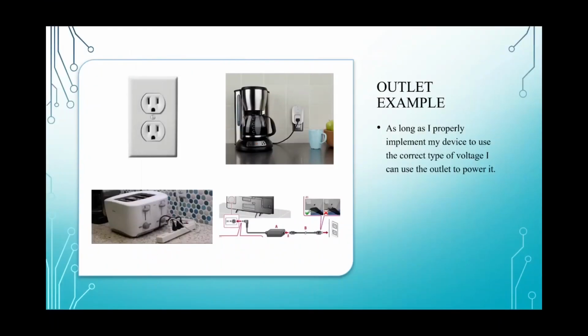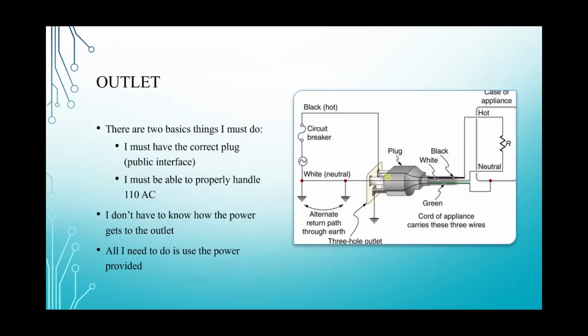Going back to another example that would explain interfaces very well, before we go back to the Comparable example, is the outlet example. As long as I properly implement any device to use the correct type of voltage, I can use the outlet to power it, right?